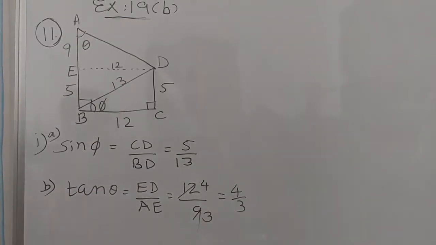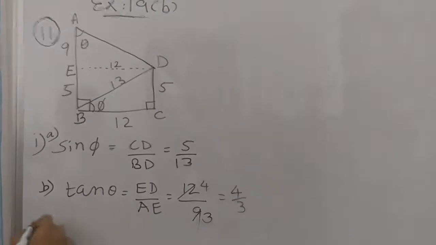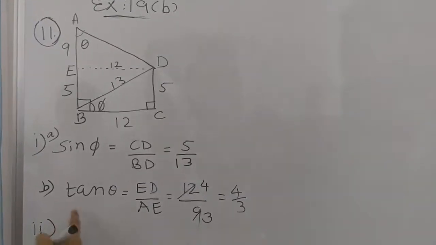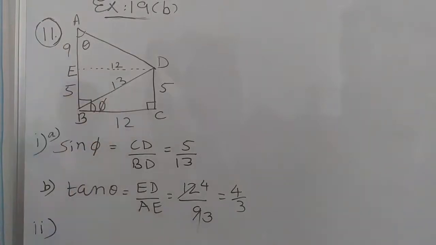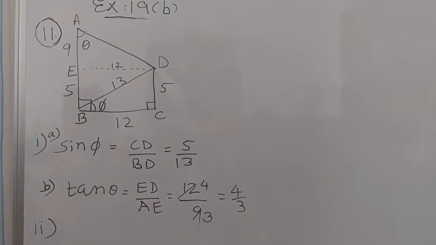Now, second, write an expression for AD in terms of theta. So this is our AD which we have to write in terms of theta. How? You all know that in this AED triangle, the opposite side and adjacent side are known to us, so we have to write the AD value.